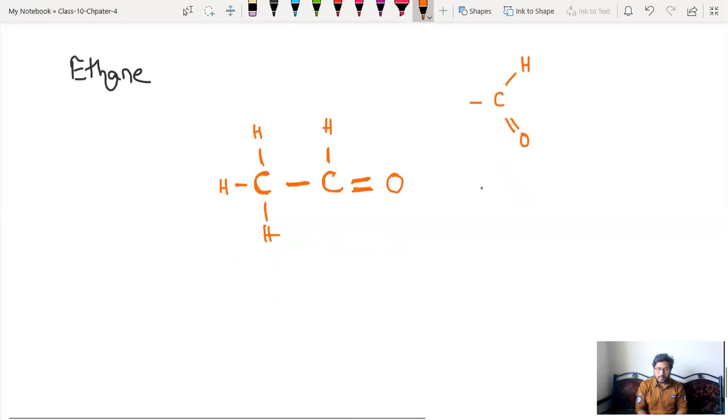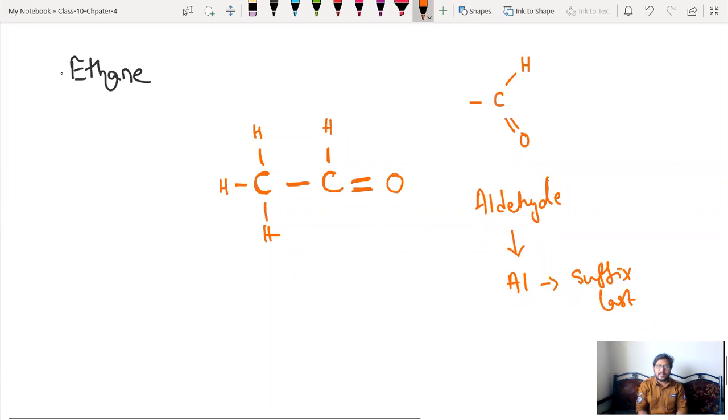Aldehyde is a functional group, and the aldehyde representation shortcut is Al. For the alcohol, the last 2 letters they took were OL. For aldehyde, it is the first 2 letters, Al, and this Al should be a suffix. Suffix means last.